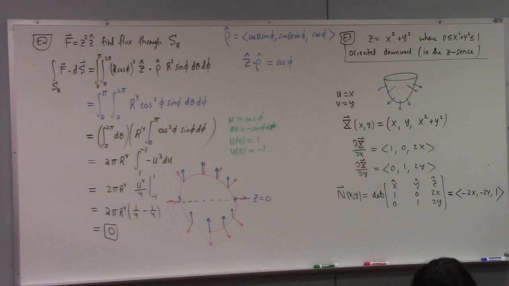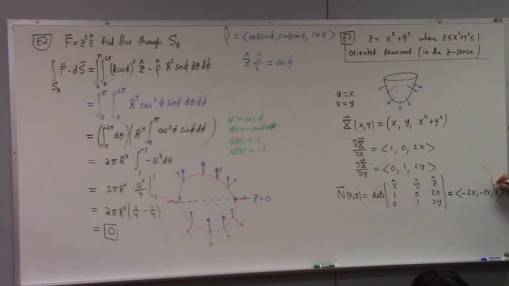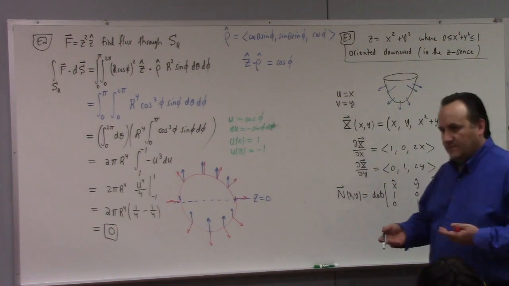Aw, man, as you can see, that points which direction? Positive z, right? This points up. Which is not what I wanted. I want it to be oriented downward because that's what I said. Now, do we always want it to be oriented downward?